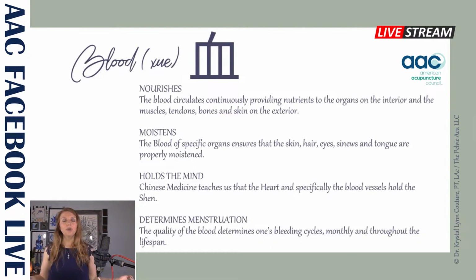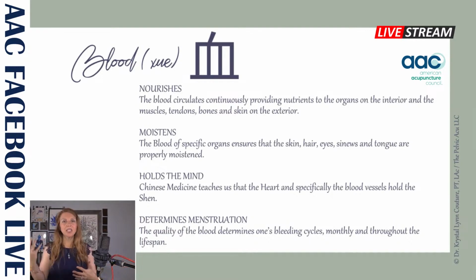Blood functions include nourishment, moistening, holding the mind or the spirit, and determining menstruation. The blood circulates continuously through our system, providing nutrients to our organs on the interior and to the muscles, the tendons, the bones, and the skin on the exterior. The blood of each specific organ ensures that the skin and the hair and the eyes and the sinew and the tongue are properly moistened.